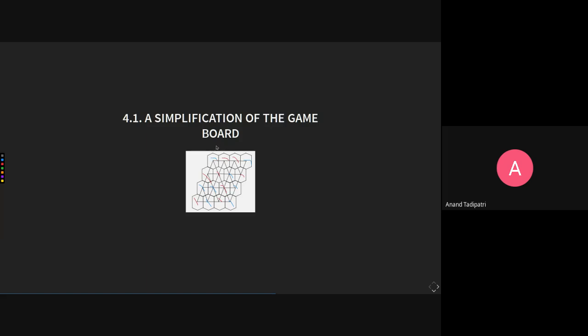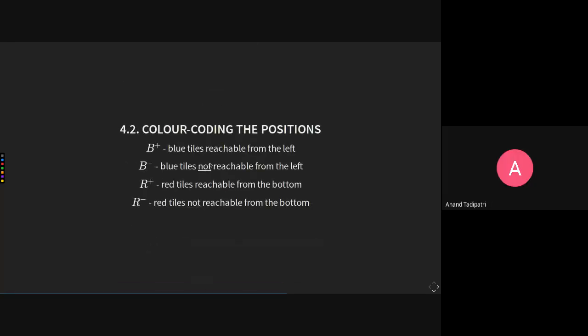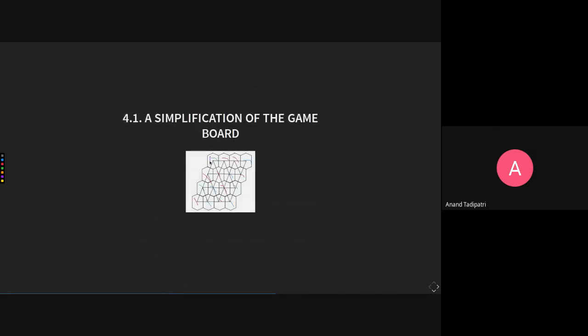What class do you say this tile is in? Is this a B plus or a B minus? B plus. Yes, it's a B plus because there's a way to reach it from the left end of the board, so I'll write a plus over here. What about this tile? B minus. Yeah, that's a B minus, and these two are also B plus.